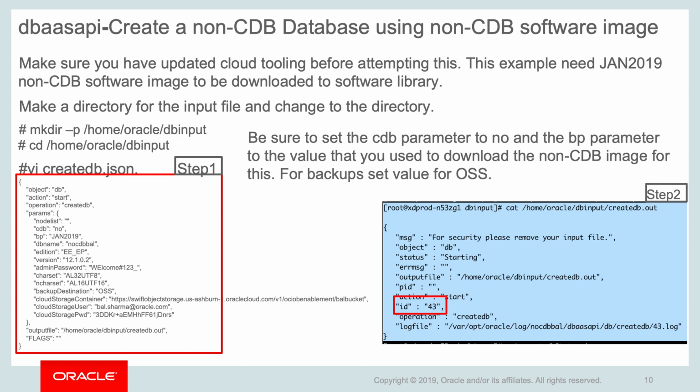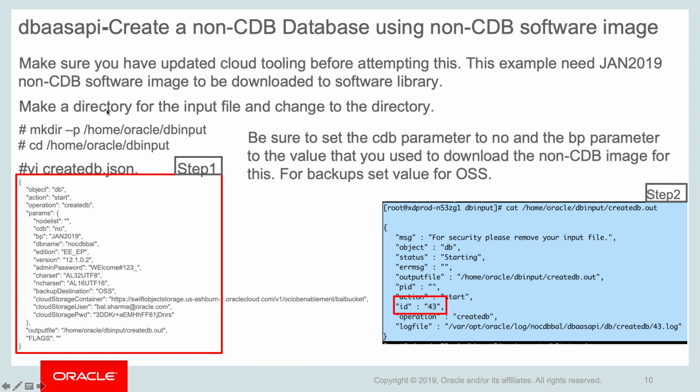For doing this, we will be using a CLI to get the latest software downloaded, and that will be performed after updating our cloud tooling. I might have another example which shows how to get this software downloaded to the software library on ExaCS, so I'm not getting into that one.